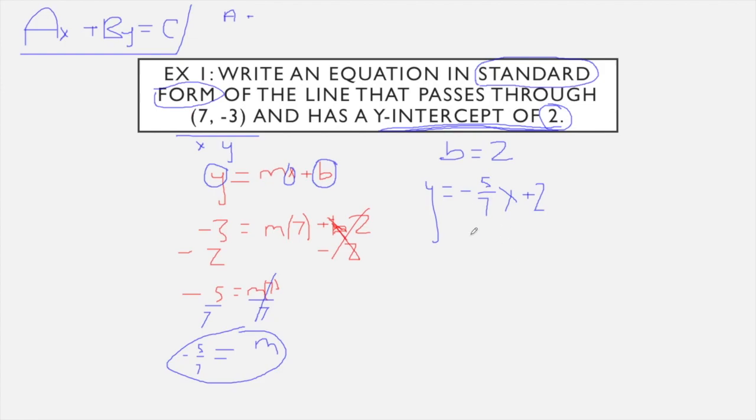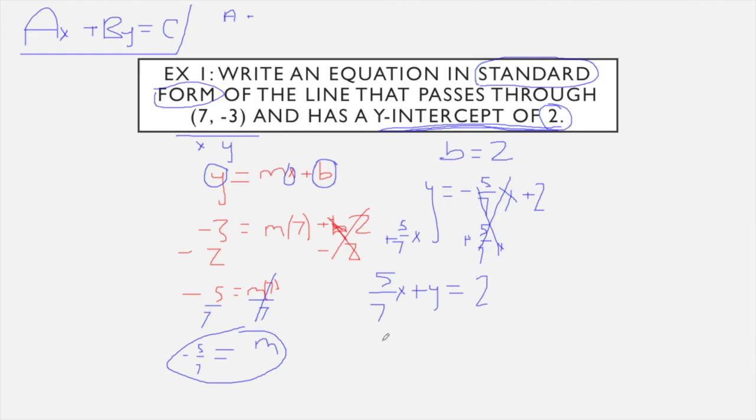So I'll add 5/7x to both sides. Since this one's negative, I want to add. If I do that on both ends, what am I going to see? Well, on the right, this cancels out. And on the left, we just add these two together. So we have 5/7x plus y equals a +2.